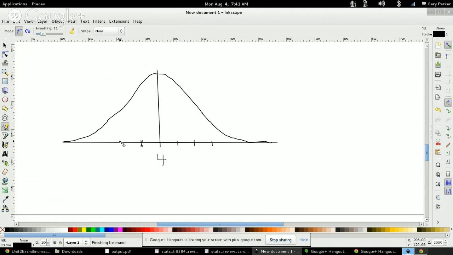Z-score -1, Z-score -2, Z-score -3. Now we're not doing z-scores here, we're doing actual numbers. A standard deviation here is half a second, so this would be 4.5, this would be 5, and this would be 5.5.